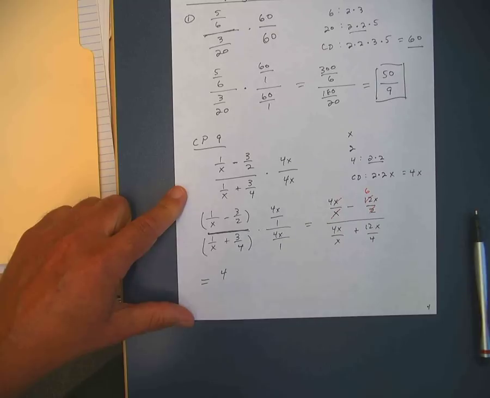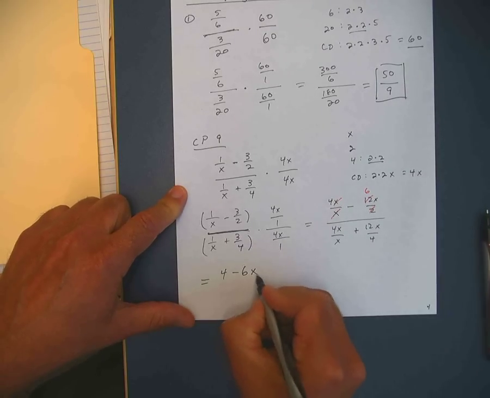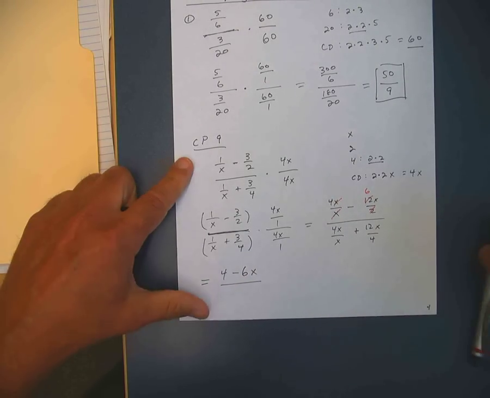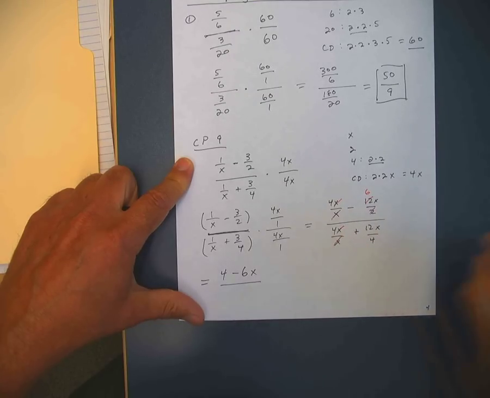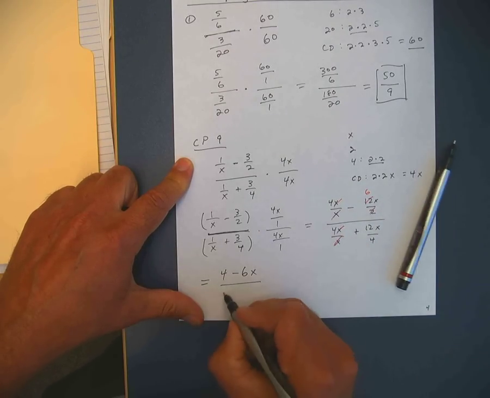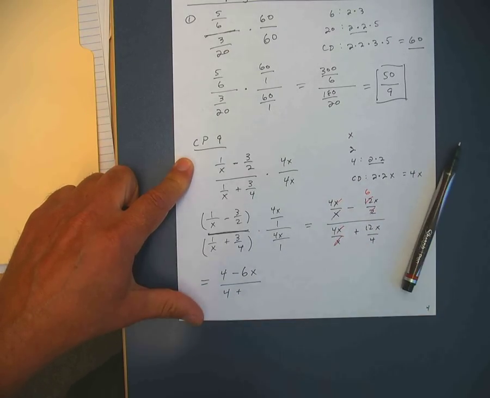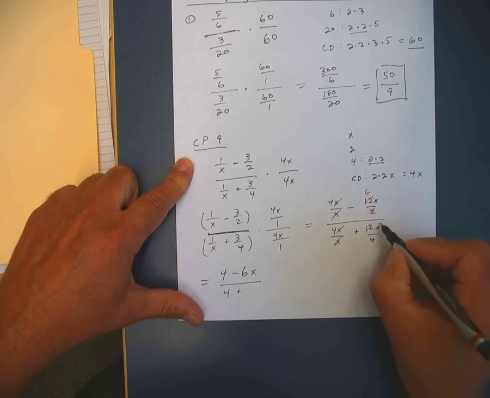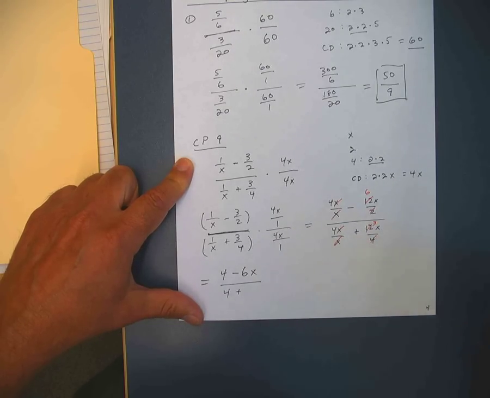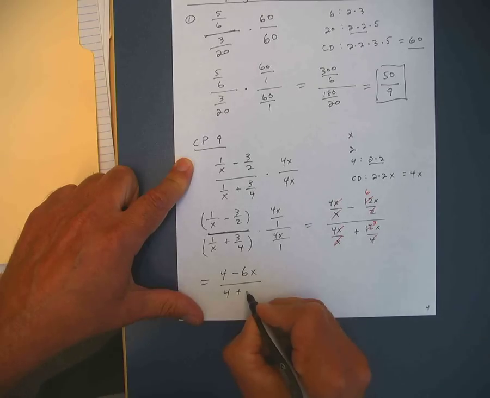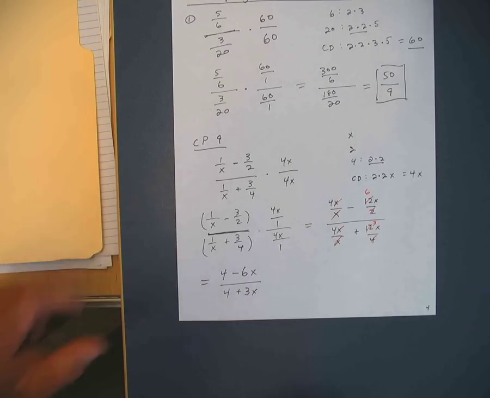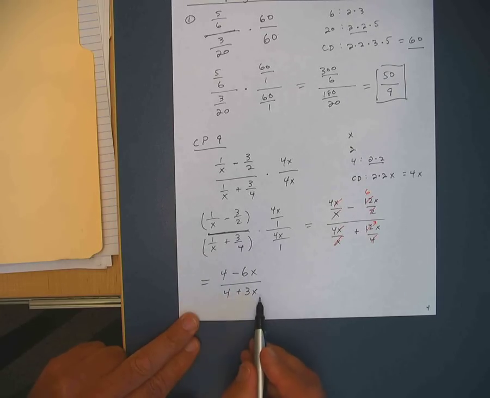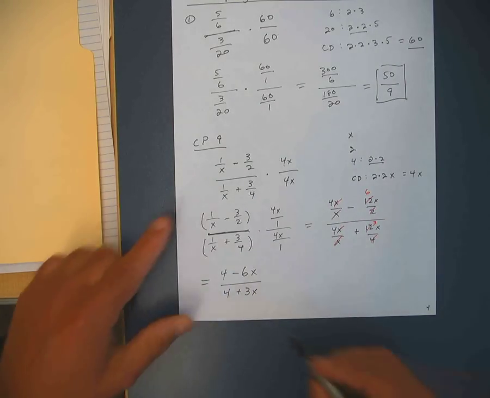So that simplifies to 6x. In the denominator, the x's will cancel out. We'll be left with a 4. And then we'll have plus, if we simplify this, 12x over 4 will simplify just to 3x.